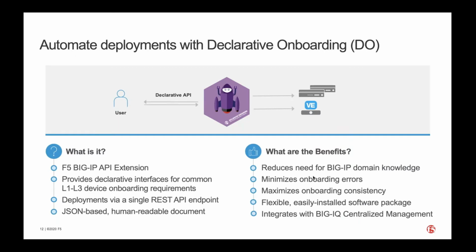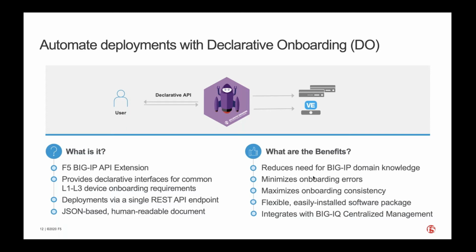For declarative onboarding, what's the goal of it? In fact, we are going to configure our F5, and we are going to configure different topics like layer 1 and layer 2 deployments, which can become very simple using different REST APIs.